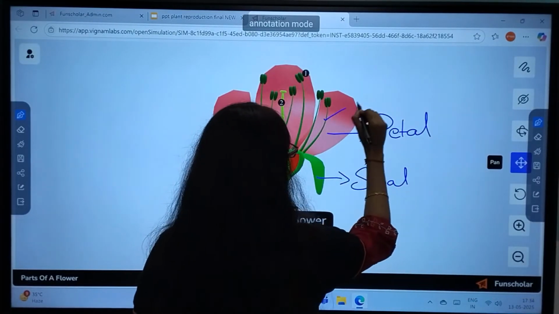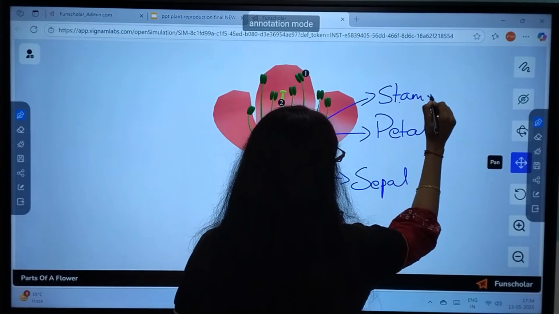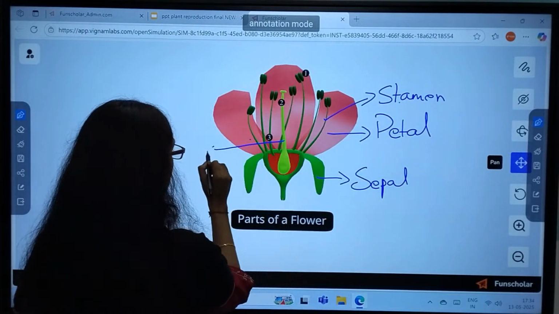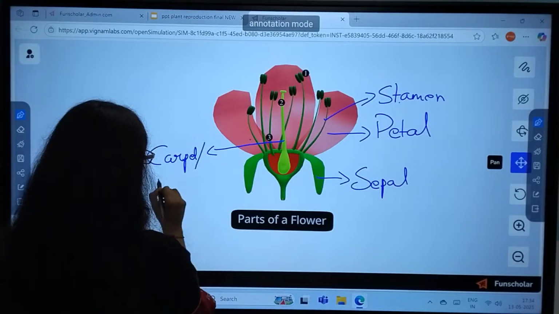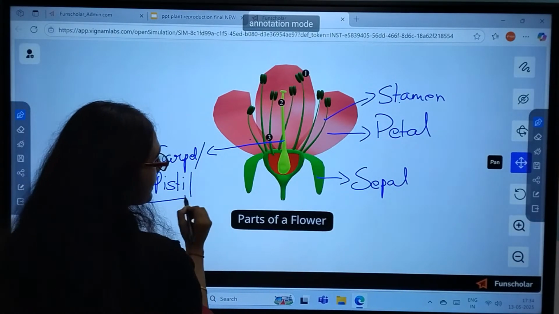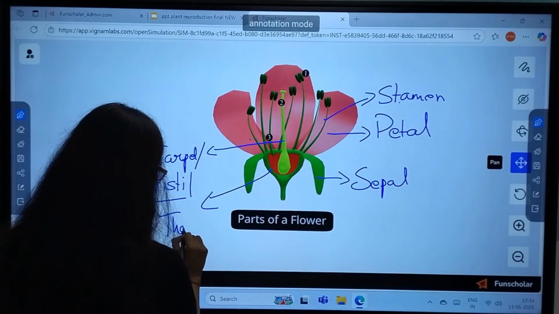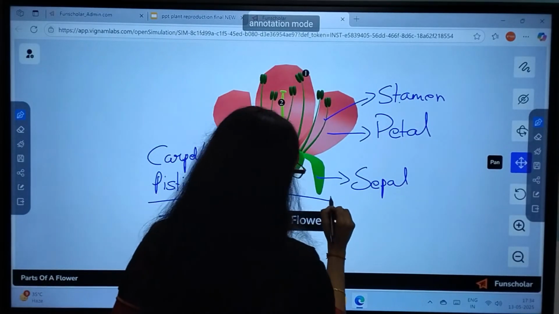Then the filamentous structure is known as stamen, and this pot-shaped structure is known as carpel or pistil. This part is known as thalamus, and this is pedicel.